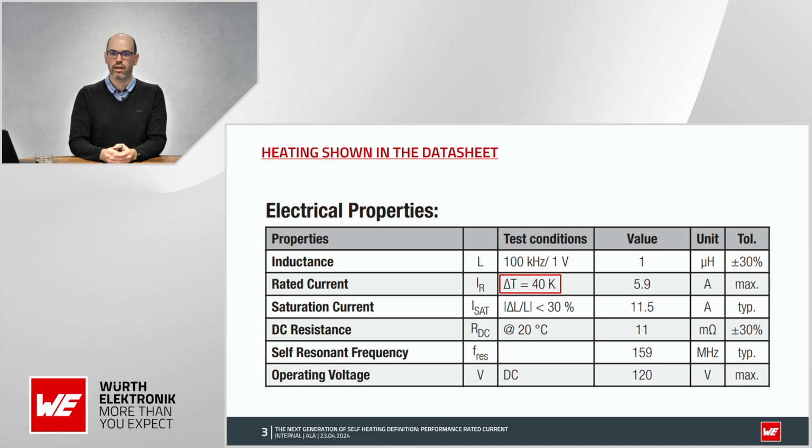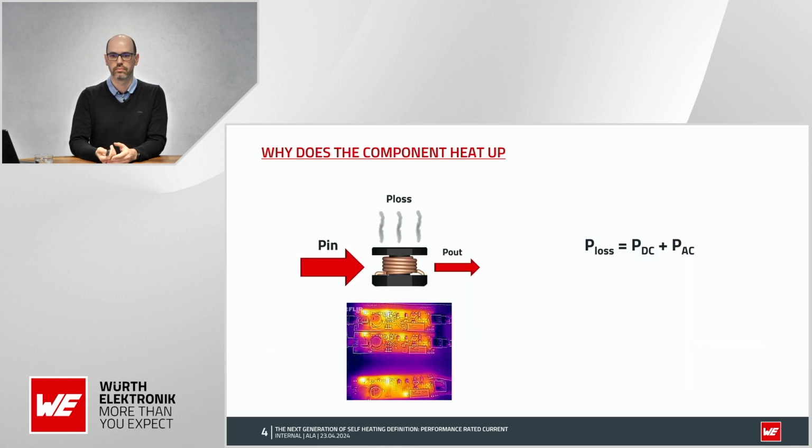These 40 Kelvin are linked to a current, in this example close to 6 amps. So this means our rated current, our self-heating rated current, is linked to a specific DC current, which is running through our component and causes a heating. And this heating is about this 40 Kelvin.